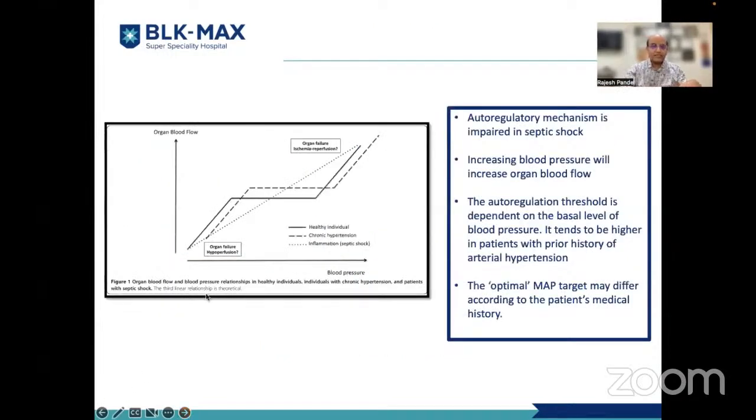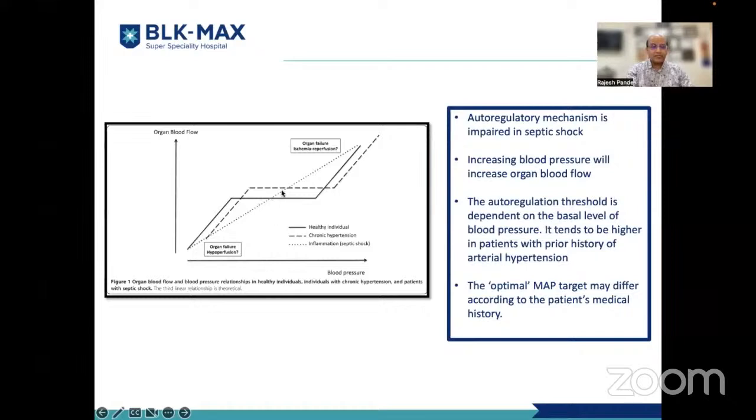Now, when you look at this cartoon, this is the normal relationship in healthy individuals. This is the autoregulation. This is organ blood flow on the y-axis, and you have here the blood pressure. So this is autoregulated nicely, so that the cardiac output and other things remain the same, and the organ blood flow remains the same. In chronic hypertension, it gets shifted to the right, as was suggested in the previous study. However, autoregulation may be lost in patients who are in septic shock, so you see a linear relationship.